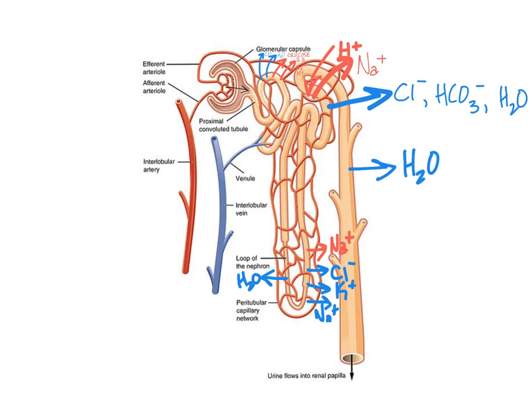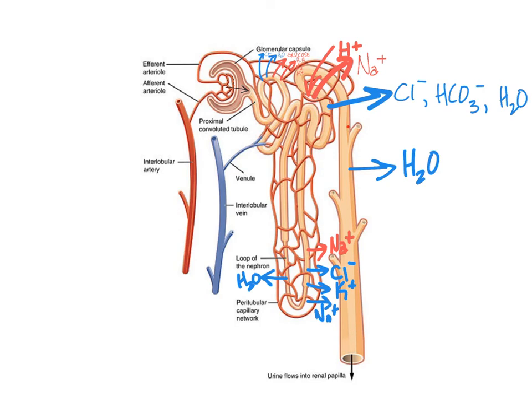If ADH is there, it's going to make this collecting duct permeable to water, so it's going to allow water to move through the walls of this collecting duct. And again, because this is a very salty area, we're getting down into the medulla again, it's going to have water leave passively through osmosis. So this is not an active transport. This is still very much passive.